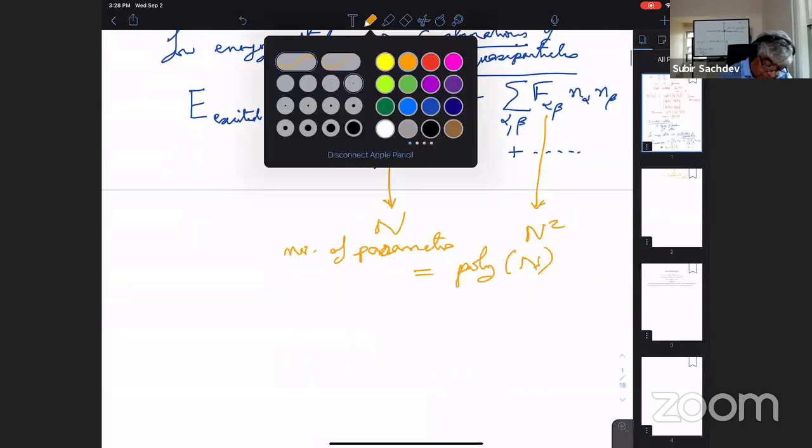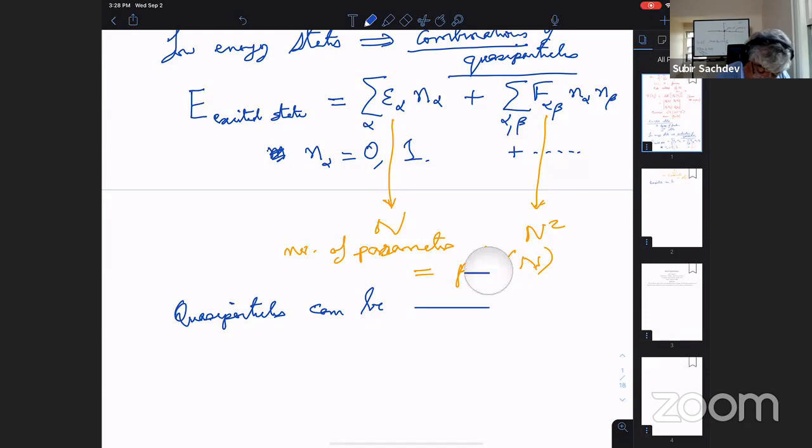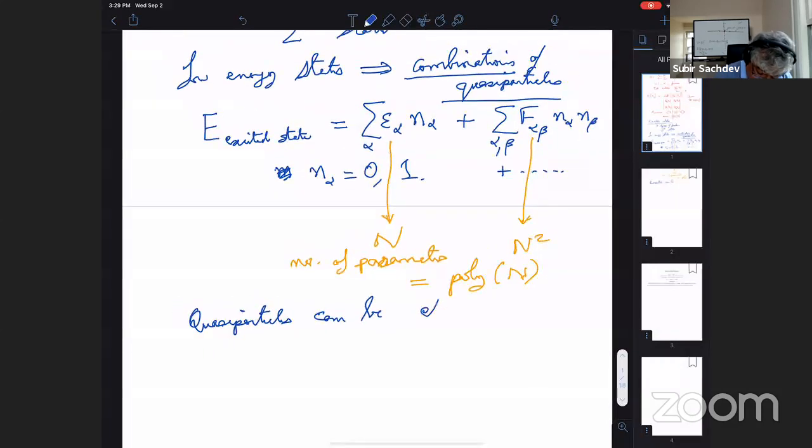Back to blue. So quasi-particles can be electrons.